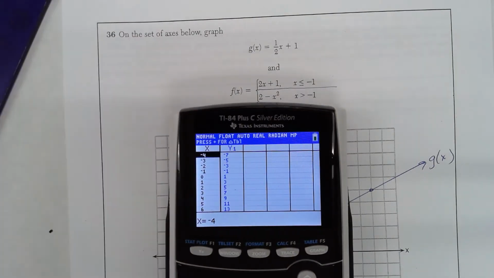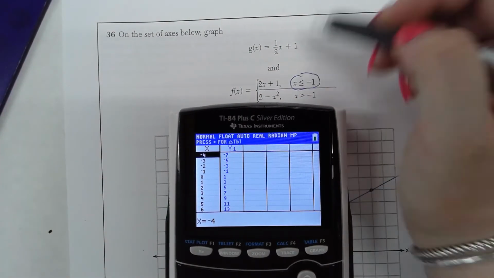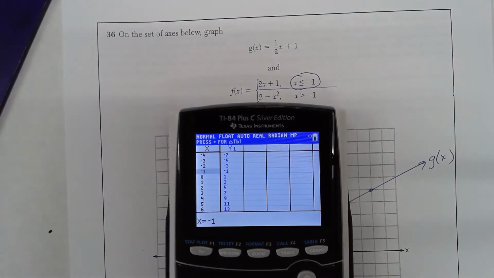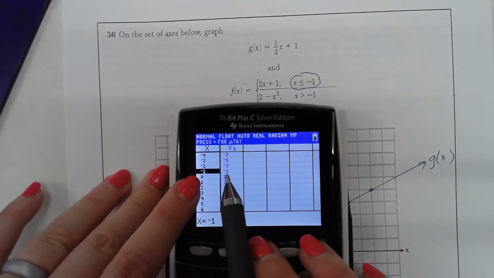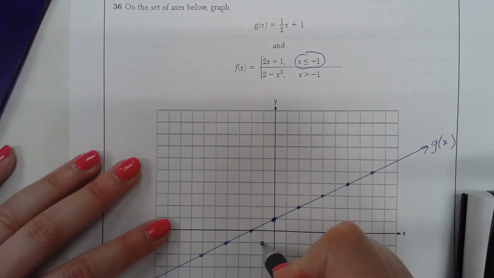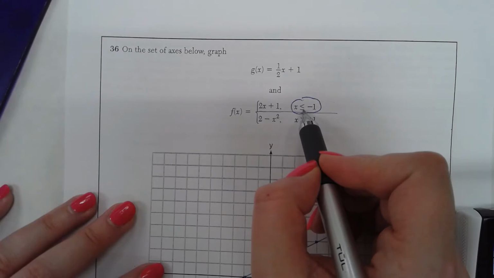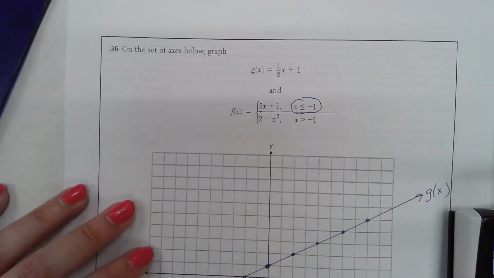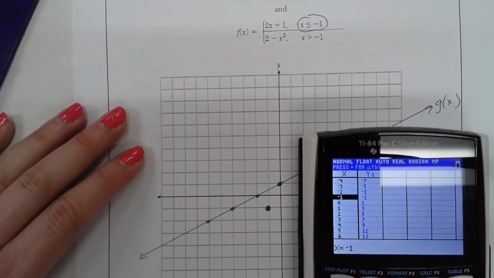I'm only graphing this line when x is less than or equal to -1. So on my calculator, I want to start at -1 and plot that point. So -1, -1. I'm going to plot that point. That's a closed circle because that has an equals to sign.